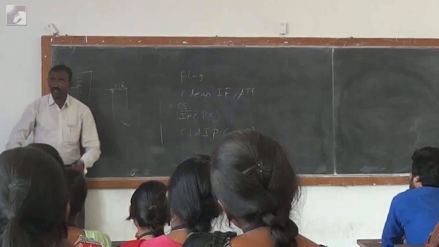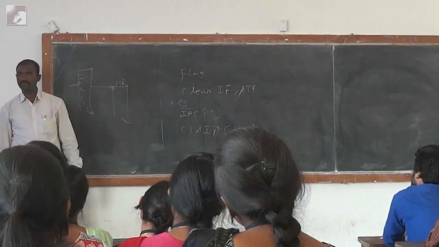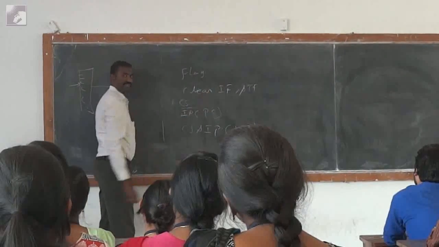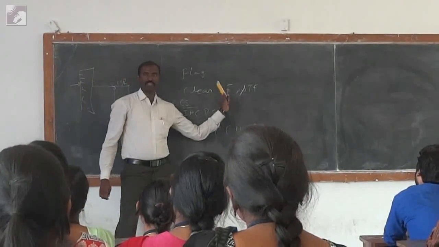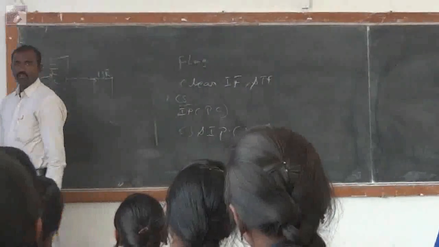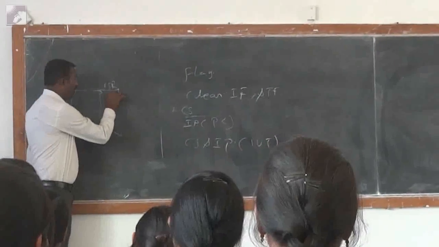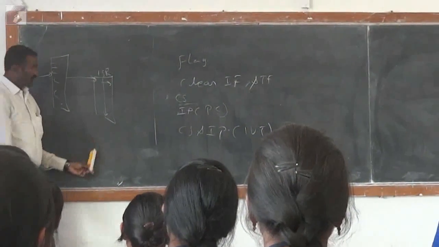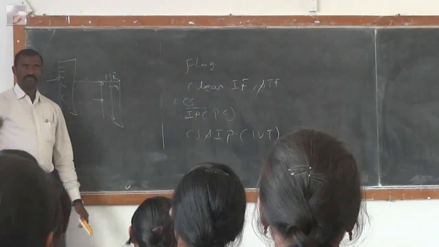But if I want to allow an interrupt within the interrupt, here I want to set the interrupt flag. If you set the interrupt flag here, now there is a chance of getting an interrupt over this ISR.